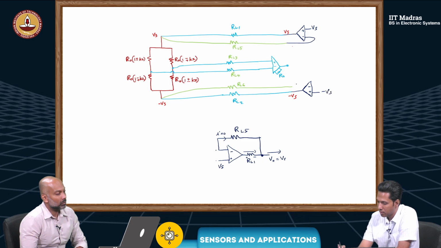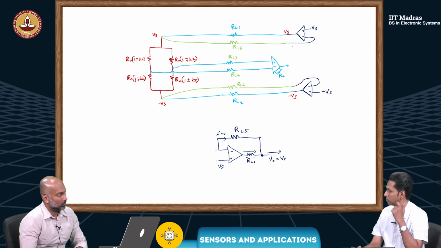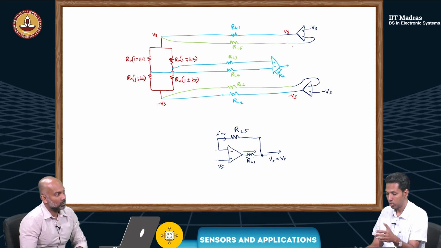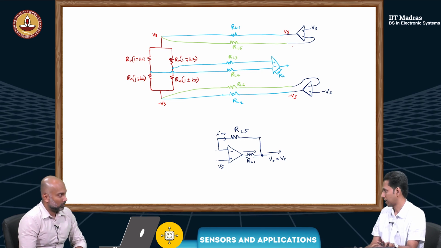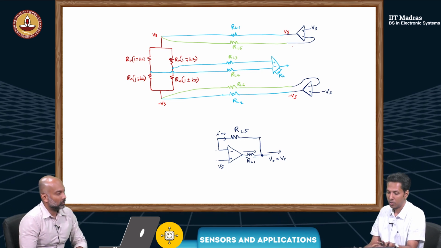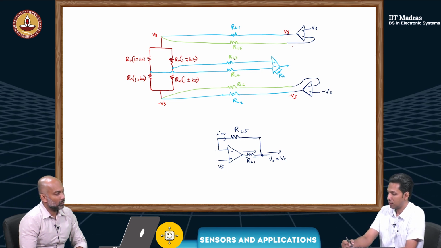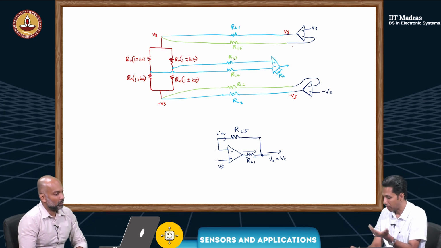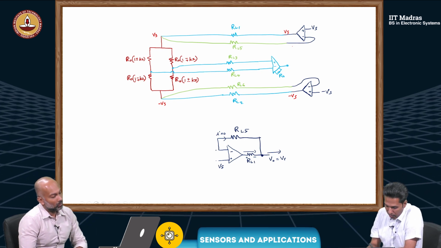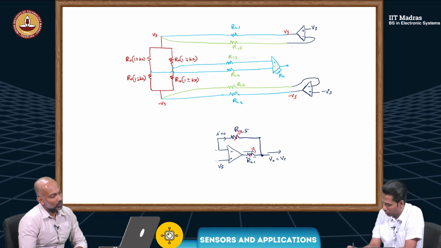Minus Vs, and we will connect it to this. So the bridge actually has plus or minus Vs, it has got 2 Vs excitation voltage now. And that is assured because earlier we have discussed about change in RL1, RL2, etc. Now it can happen that I can vary this a bit. I can vary this.